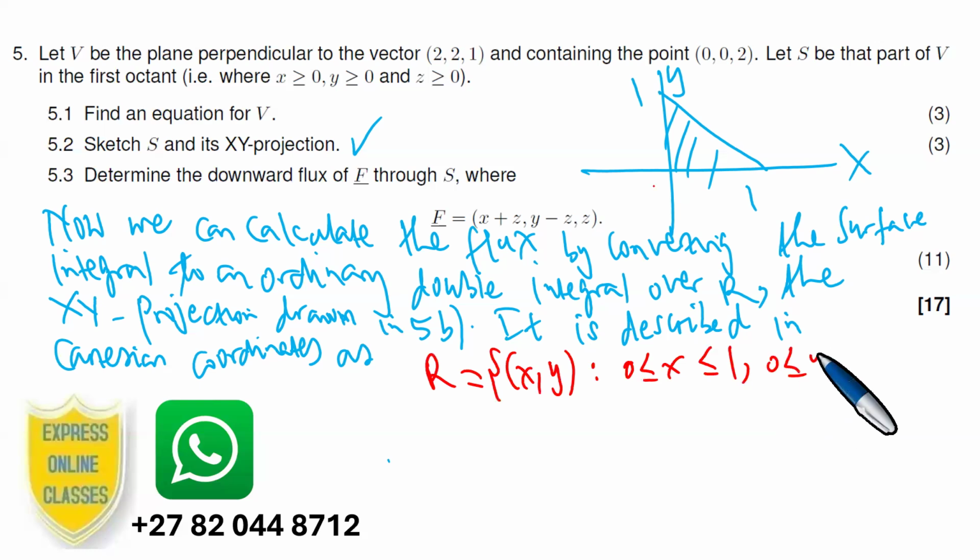So x is between 0 and 1, but also y is between 0 and 1.